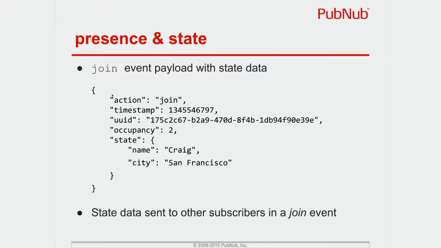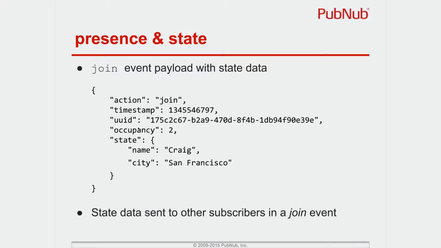All of the presence events have an action attribute associated with them. That's the one that you want to interrogate to determine what kind of event you're dealing with. State data is sent on a join. It may or may not be sent depending on which platform you're on.